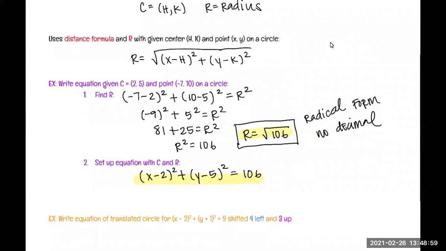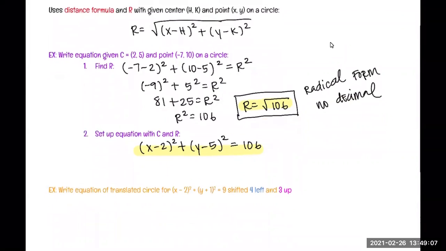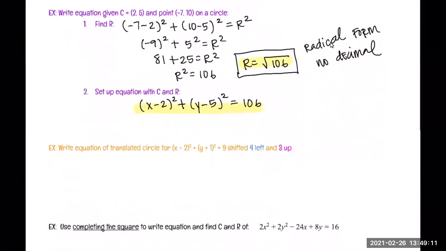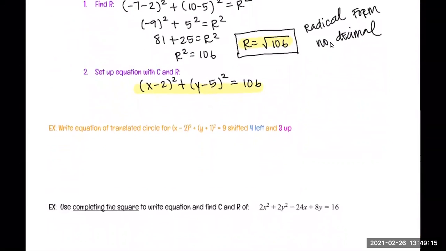Next one is we're going to write the equation of a translated circle. So if we move it around the graph, and we shifted it 4 to the left and 3 up. So for a circle, we know that the size of the circle doesn't change. It stays the same size, but what's moving is going to be where the center is. So my given center is my h and k.